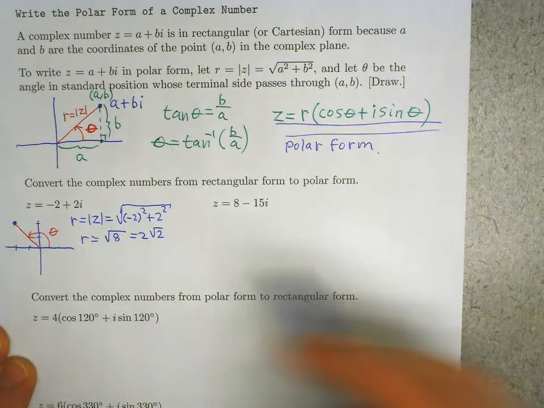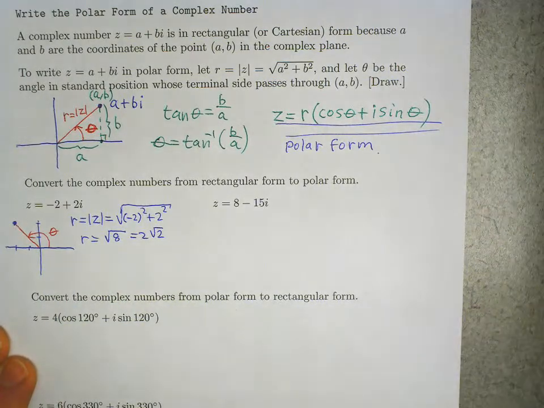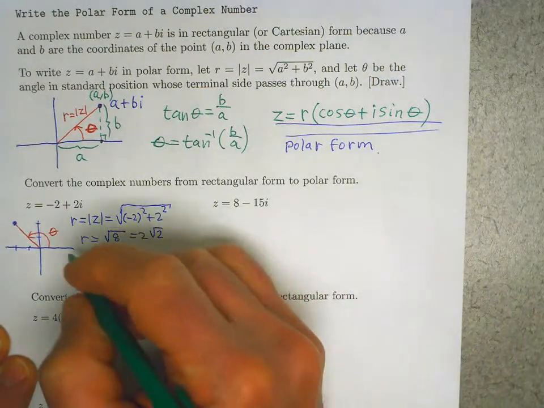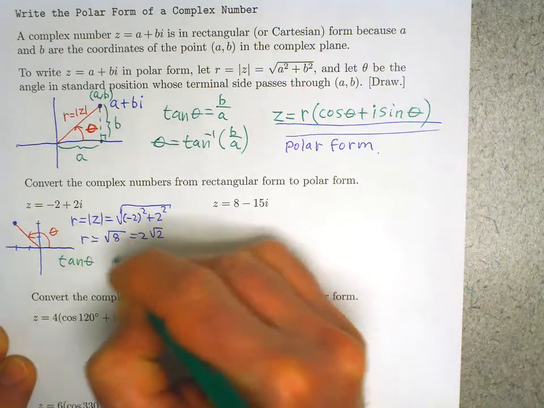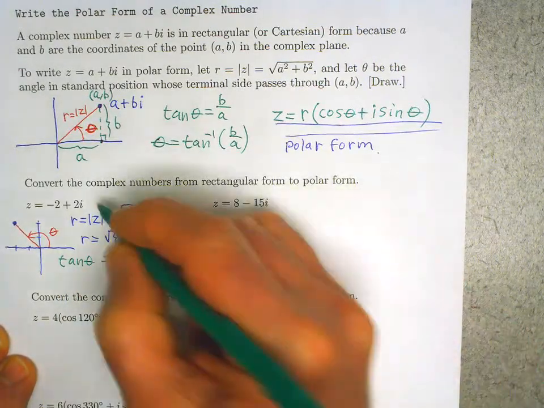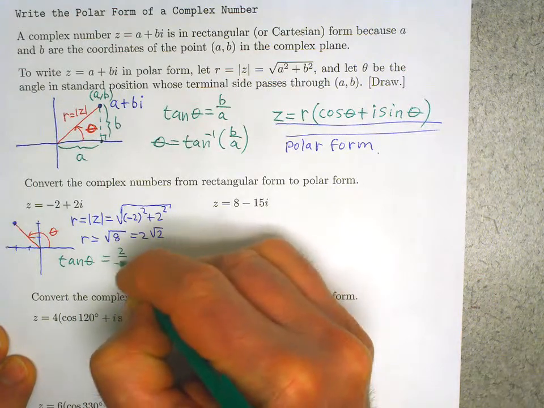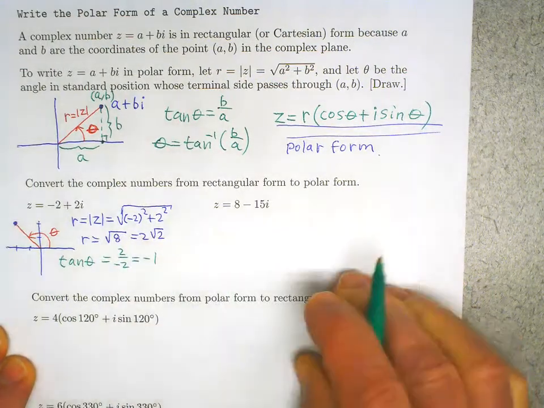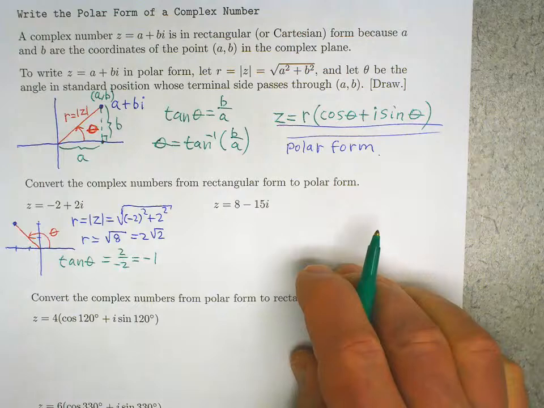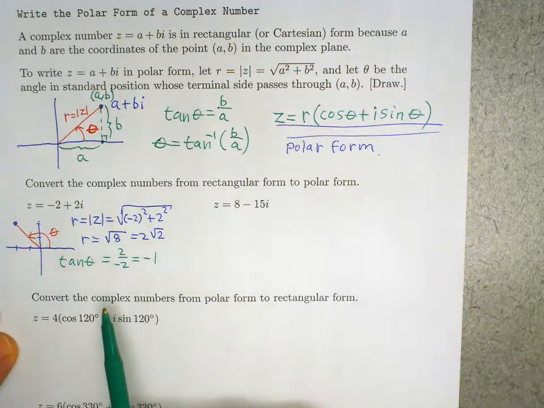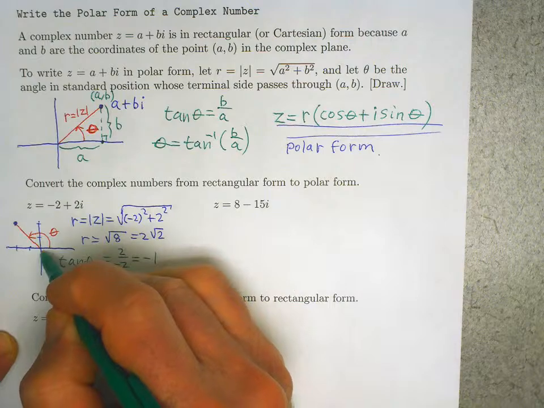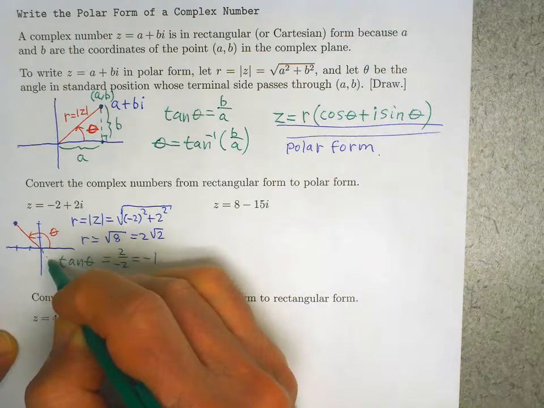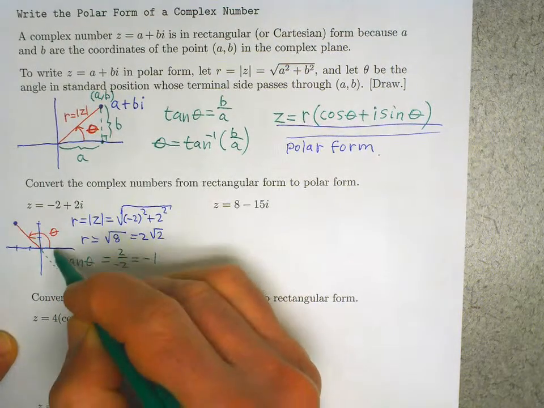And theta is in the second quadrant, but we can start by saying, well, tangent of theta is equal to 2 divided by -2, or -1. Okay, so the inverse tangent of -1 is in the fourth quadrant.